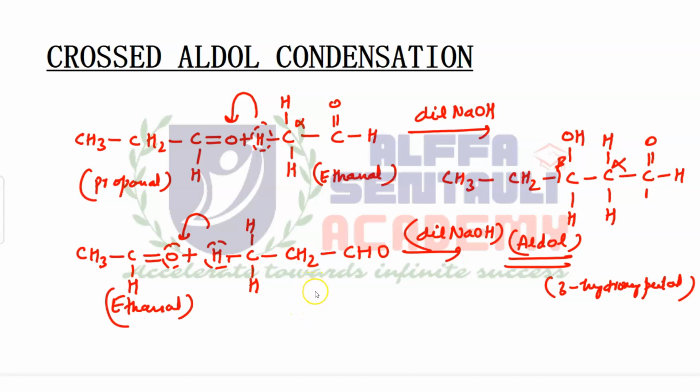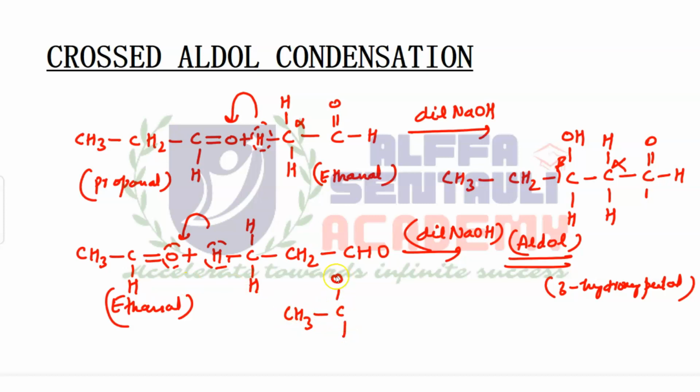Now which product should be more? If there are two ways in chemistry to get a compound, then there is a thing known as major product and minor product. So which should be your major product and which should be your minor product? Let me just complete this reaction.